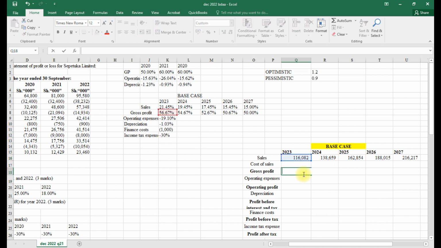So it's not the growth, sorry. It will be this sales, fully lock this, F4, and you multiply by this one, the gross profit, partial lock this value, and close the bracket. Did we use any bracket? No bracket. So that way 65,790.